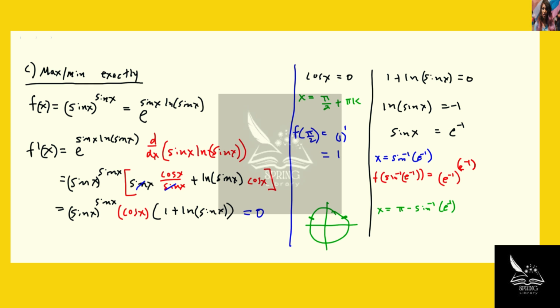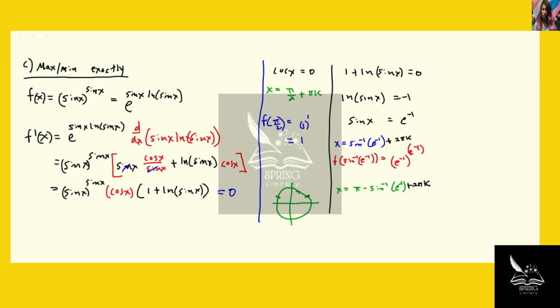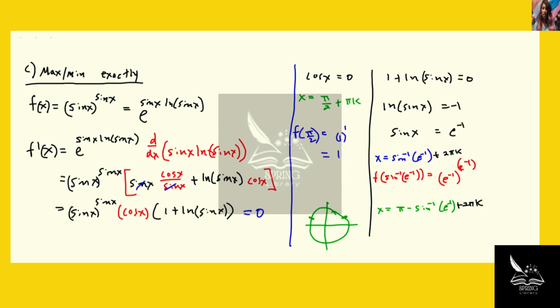So that would give us our actual minimums. And then again, if we wanted, like I was saying at the start of the video, add plus 2 pi k to each of these values here. And it would give us all of our answers for where all of our minimums are going to occur.